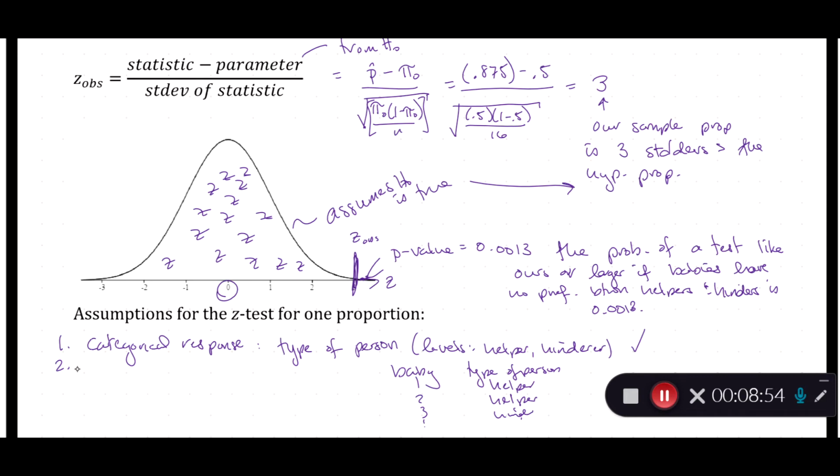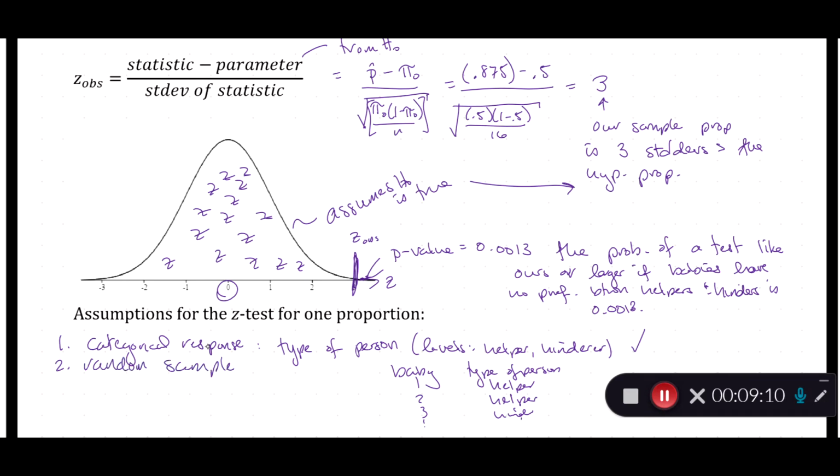The next condition or assumption that is required for the z-test for one proportion, this is one that we always have to satisfy, and that is that we have a random sample.